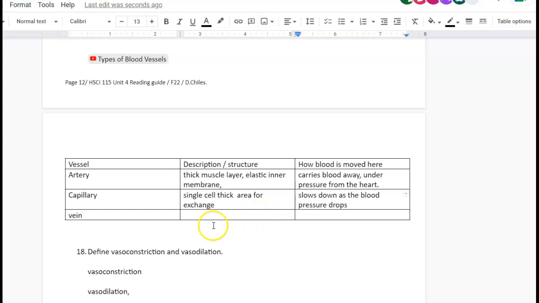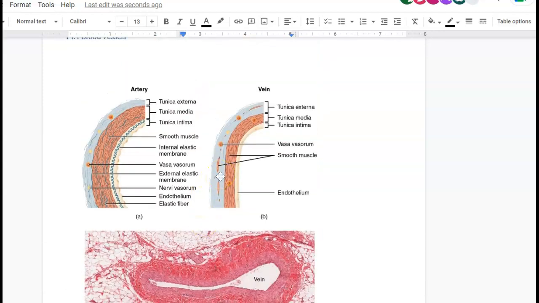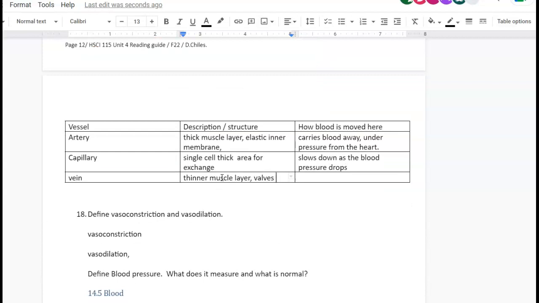Good. Then a vein has a thinner muscle layer, and very important, veins have valves. So if you look back up at this diagram here, you can't see it. Veins have valves for one-way flow.